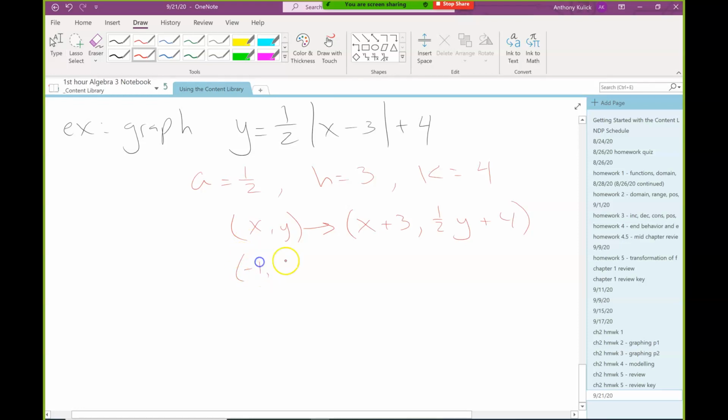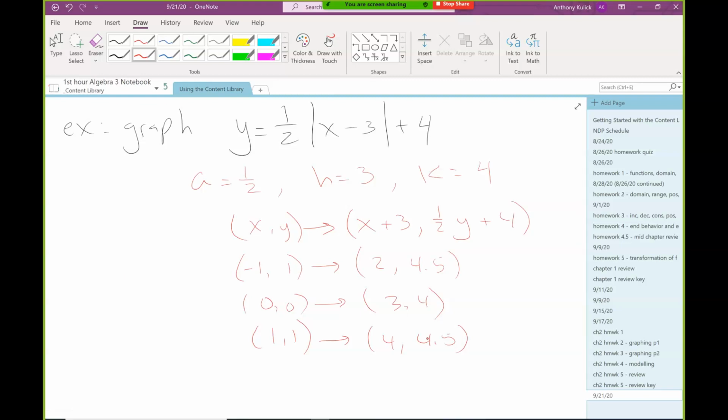And now I'm going to take my 3 points from my absolute value. Every time I'm graphing an absolute value, I'm using these same 3 points over and over and over again. Is everybody good there?